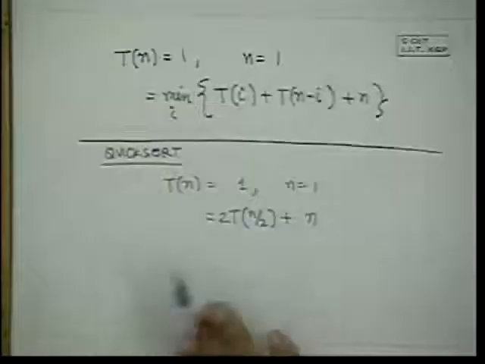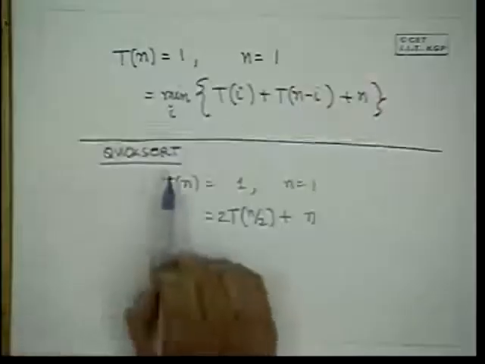The median. So, you have to find the median in linear time. If you could find the median of n elements in linear time, then you will choose the median and do quicksort based on that median. Then you would have got worst case order n log n time. But then how will you find the median in linear time?